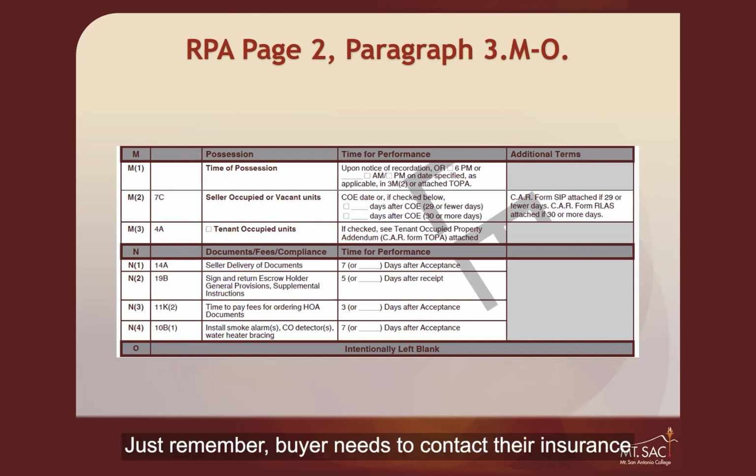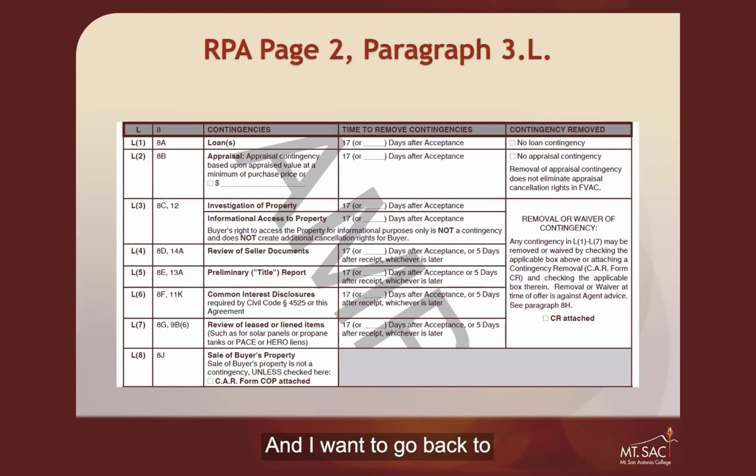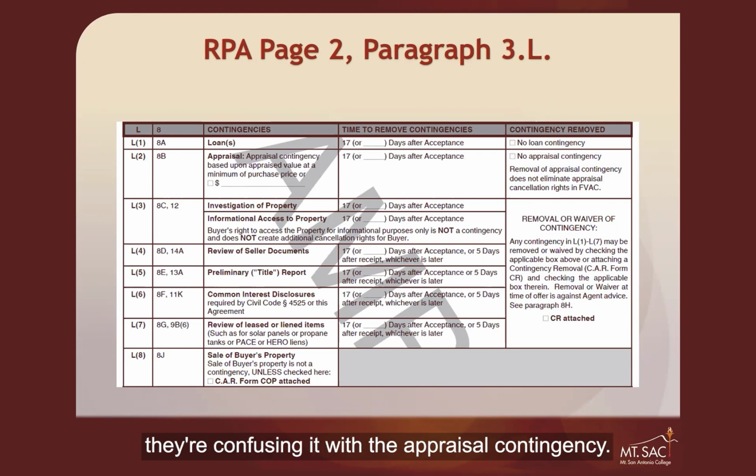Just remember, buyer needs to contact their insurance company and make sure their insurance company is good about the seller staying in the property a little bit longer, because technically it's a landlord-tenant situation. You know, that brings up another issue, and I want to go back to the previous screen. With these contingencies, I get a lot of questions sometimes from people regarding the loan contingency, and they're confusing it with the appraisal contingency.